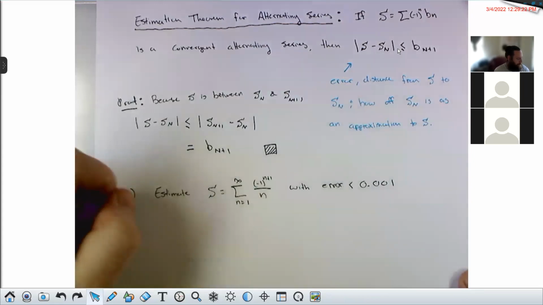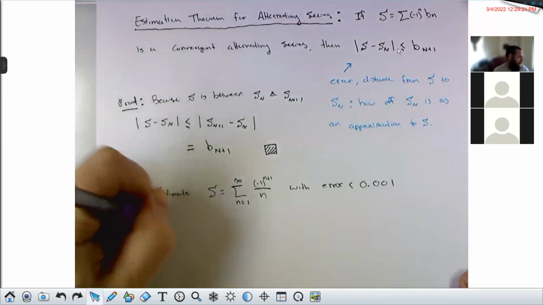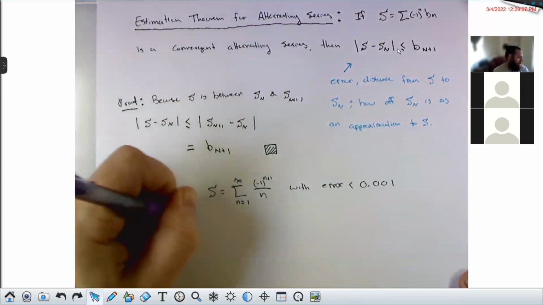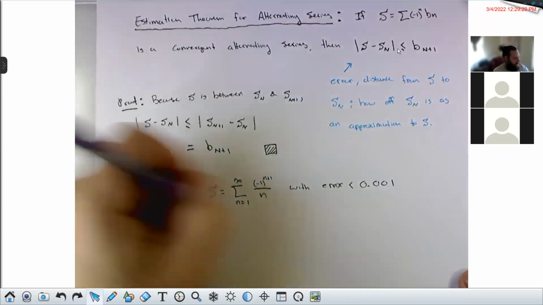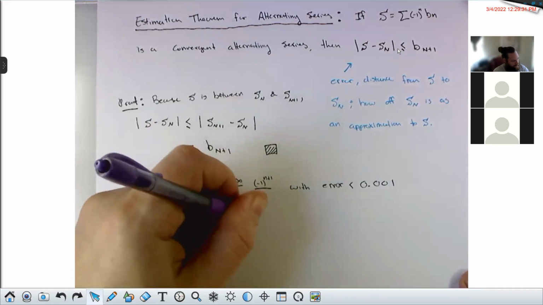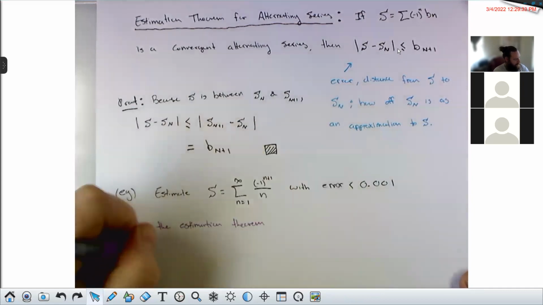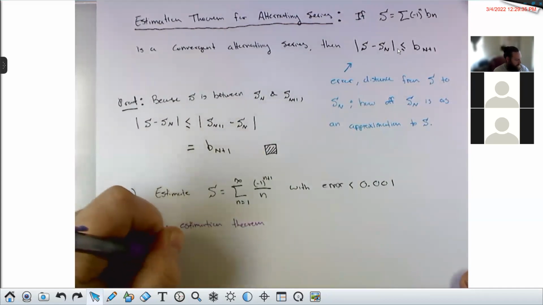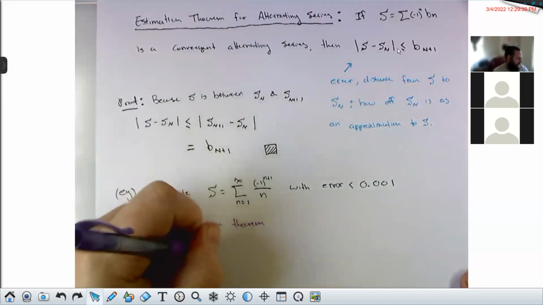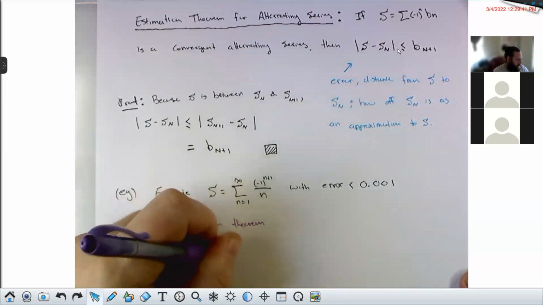By the estimation theorem, S minus Sn is less than Bn plus 1.